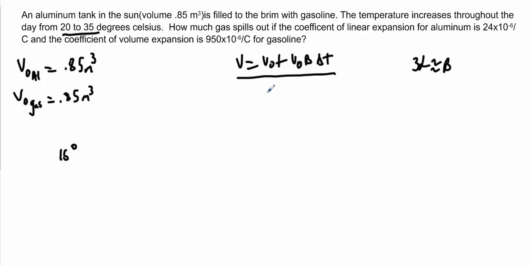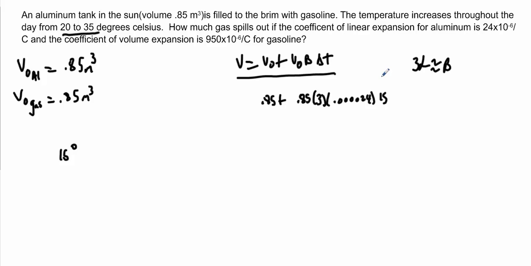So all I have to do here is take my initial volume, 0.85, plus my initial volume, 0.85, times beta, which is 3 times 24 times 10 to the negative 6, or 0.000072, times my change in temperature, 15 degrees.